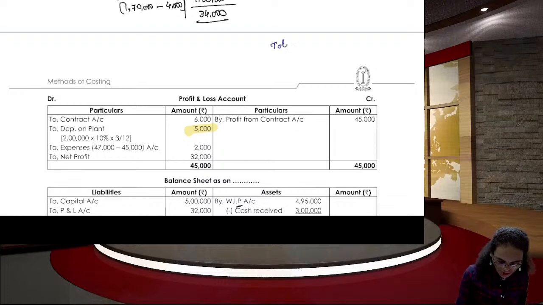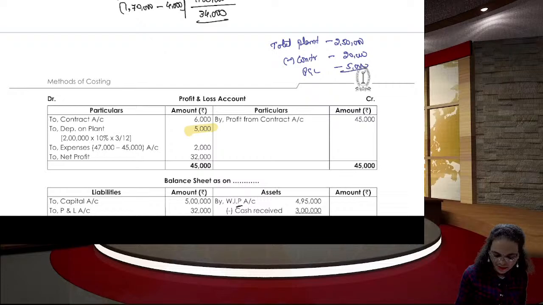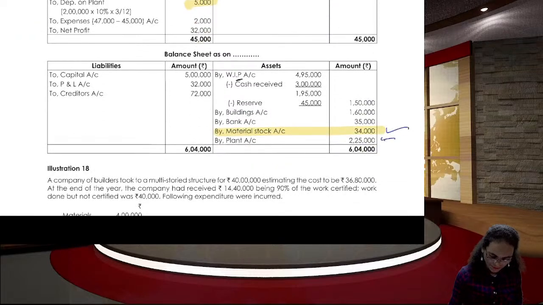Total plant is 2,50,000. From this, for the particular contract depreciation is 20,000 and P&L depreciation is 5,000, which gives 2,25,000 as the plant cost. So you got this one.